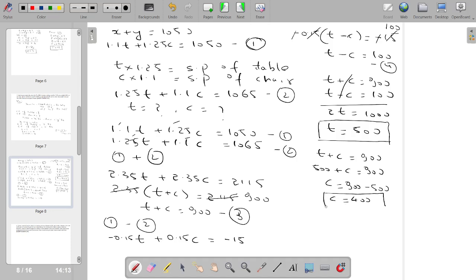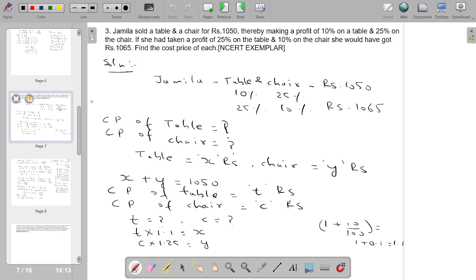C is the cost price of the chair, T is the cost price of the table. That's what was asked in the problem. So the cost price of the table, we got it, 500 rupees. Cost price of the chair, we got it, 400 rupees. Okay. We got the answer.